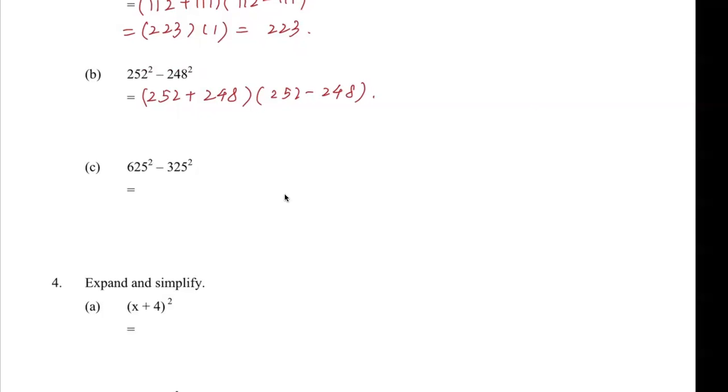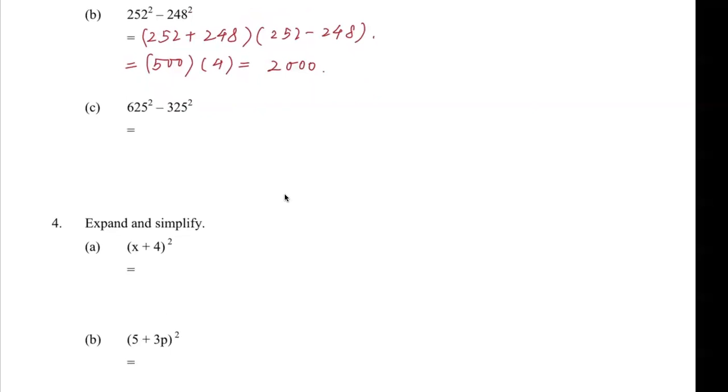So this is 500 times 252 minus 248, that's just 4. So the answer will be 2,000. Let me write this more clearly, 2,000.